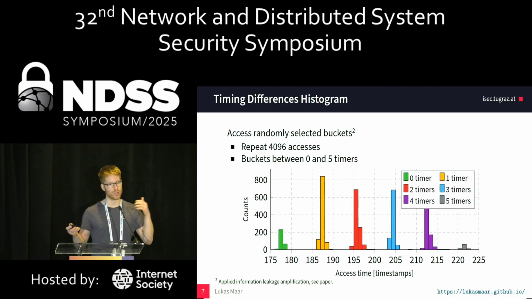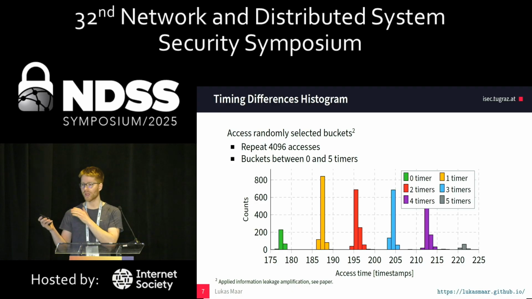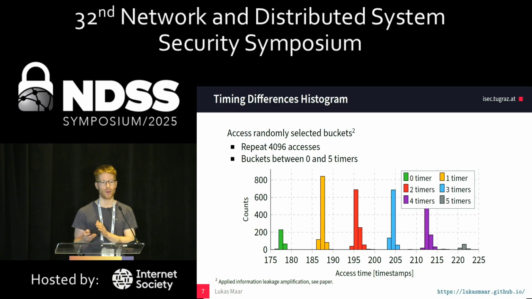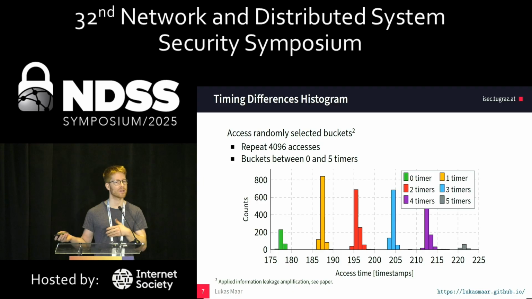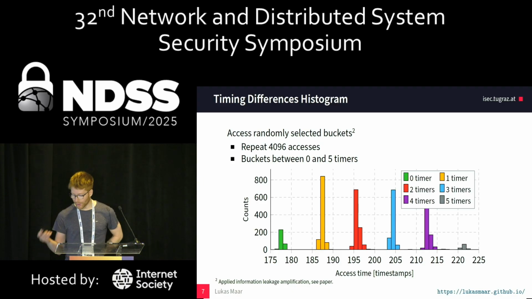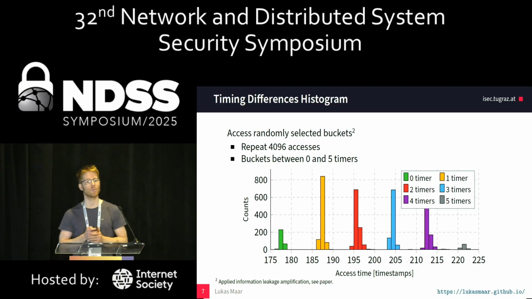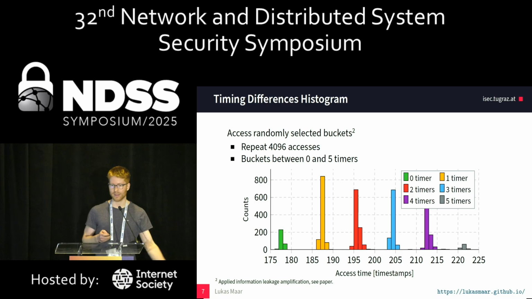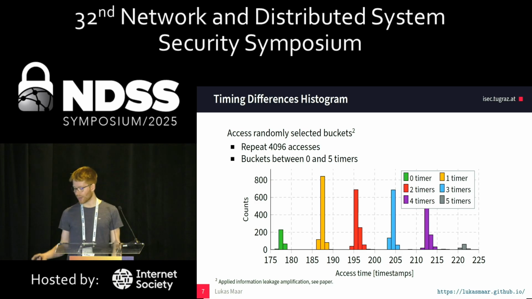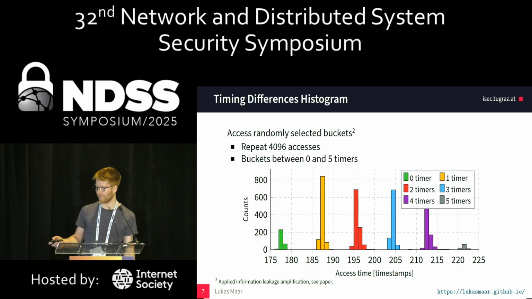And the histogram shows, by measuring the timing, we can distinctly tell how many elements are within the hash bucket. As an example, 0 timers result in an approximate timing of 178, whereas 3 timers result in a timing of about 205 clock cycles.